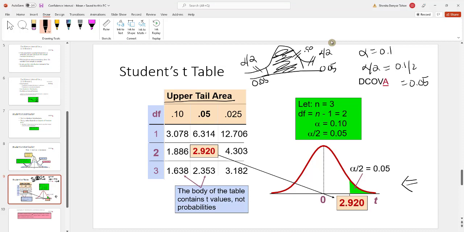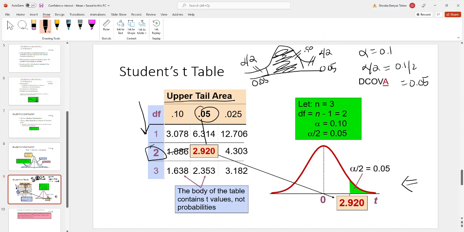We have to figure out the t-value that corresponds to that. Our degrees of freedom on the table is 2, and we want an upper tail area of 0.05. Where these meet up in the body of the table will be your critical t-value, and that's 2.92.